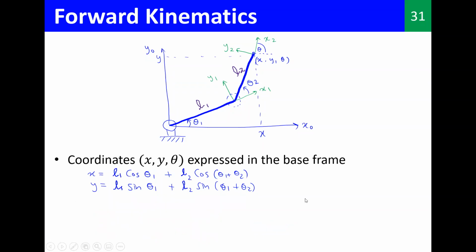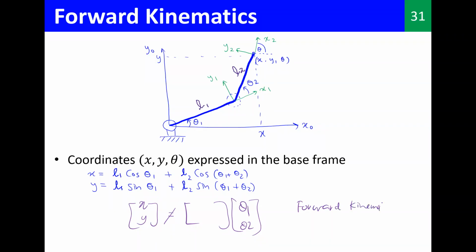So let me write it again. Theta 1 and theta 2. So we can't do that. So forward kinematics, right? This is not actually a generalization, but it actually is the case.